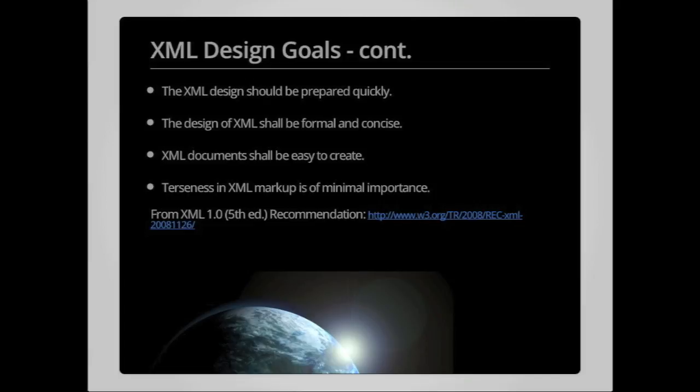And this is really a part of the trade-off as we're talking about human readability and the rapidity with which documents can be created and with which designs can be created. That tends to lead to verbosity in terms of the XML documents that result from that process.